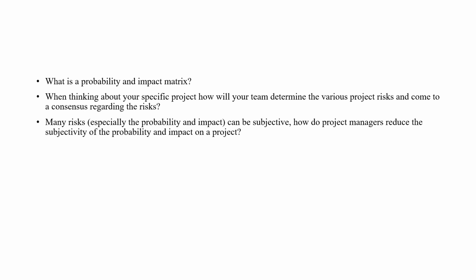When thinking about your specific project, how will your team determine the various project risks and come to a consensus regarding the risk? There are a few points I have highlighted. These are conducting a workshop on risk identification activities.